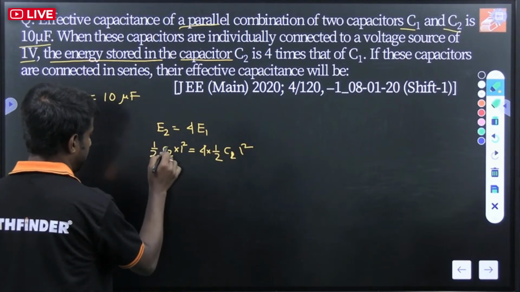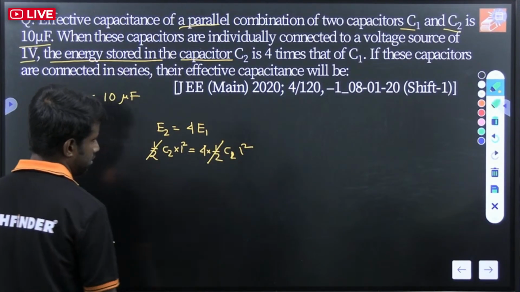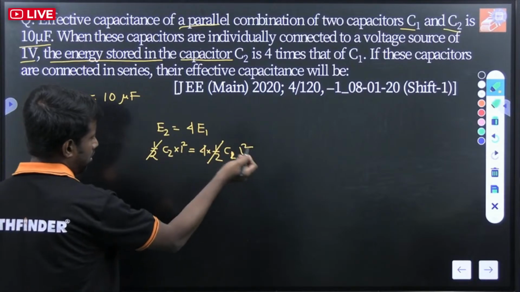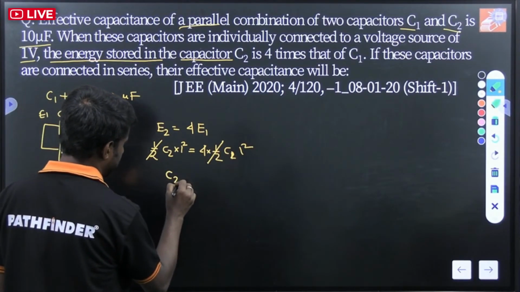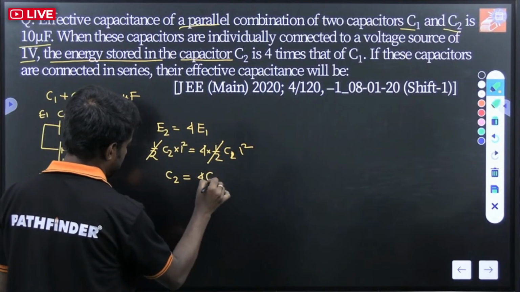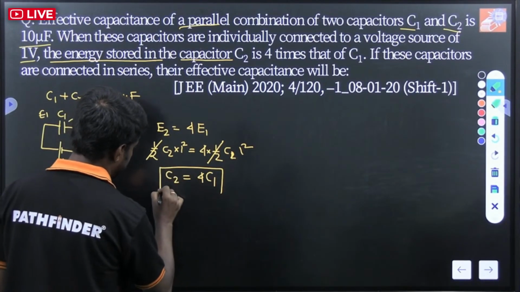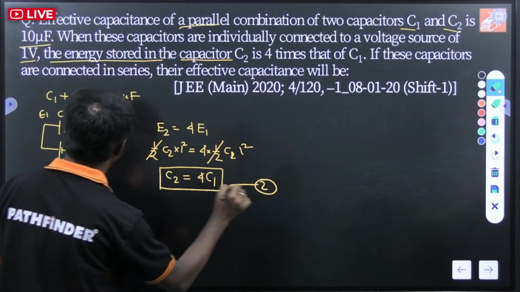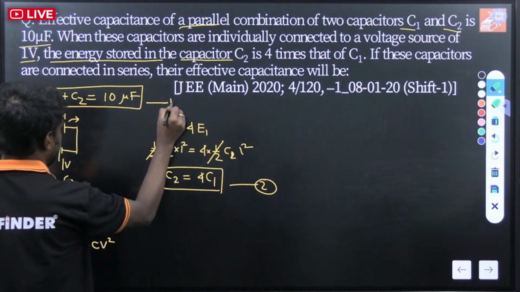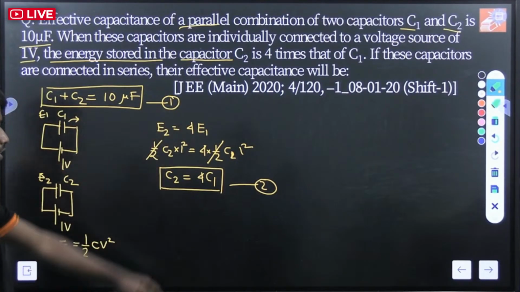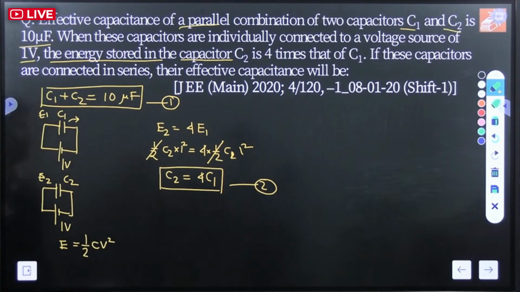The 1 by 2 will cancel, and the 1 square is 1, that will not bother you. So we get C2 equal to 4 C1. This is our second equation, and we have the first equation. By solving these two equations, we'll get the C1 and C2 values.